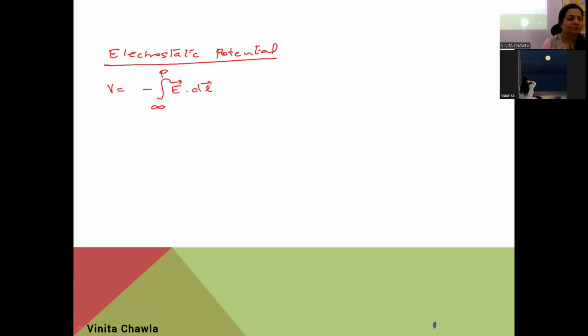Or if you are writing in terms of R, then we can write initial position, final position, vector E dot vector dl. And this is equal to the work done in moving the charge from infinity to a point P, or we can write this as electrostatic potential energy by Q. This is the relation.